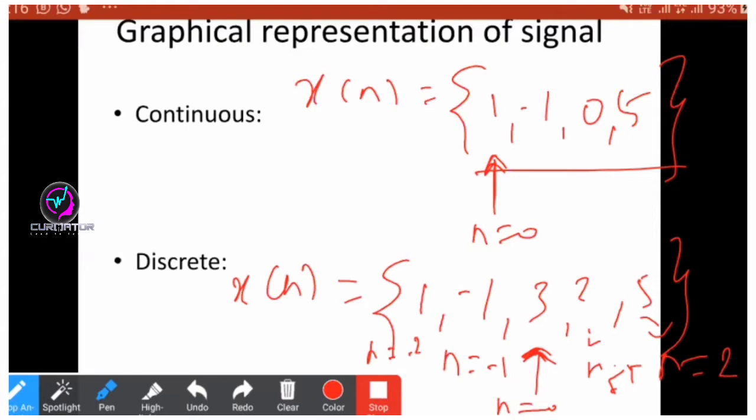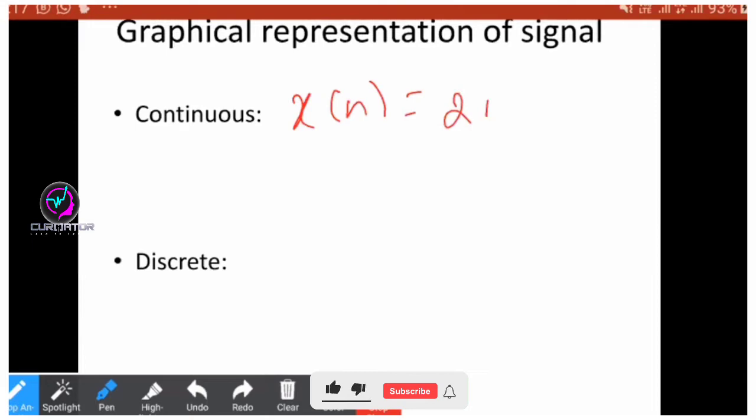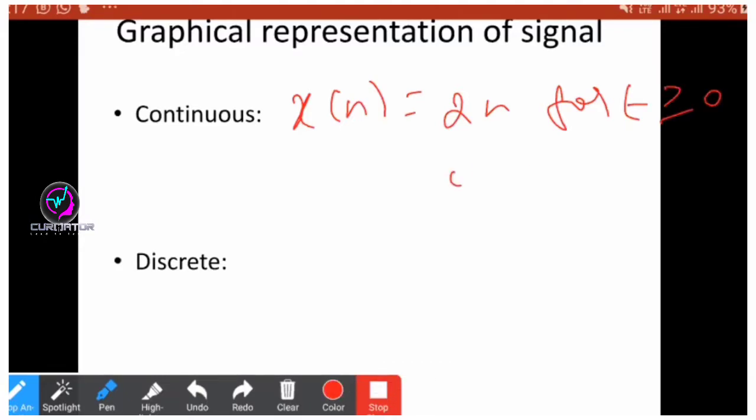A discrete time signal can also be a function, like x of n equal to 2n for n greater than or equal to 0, and 0 otherwise. This we can draw like this.